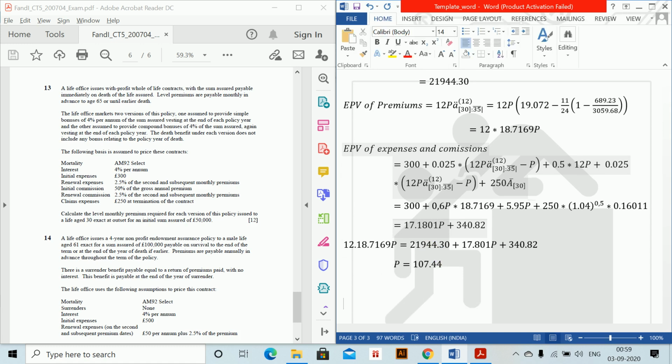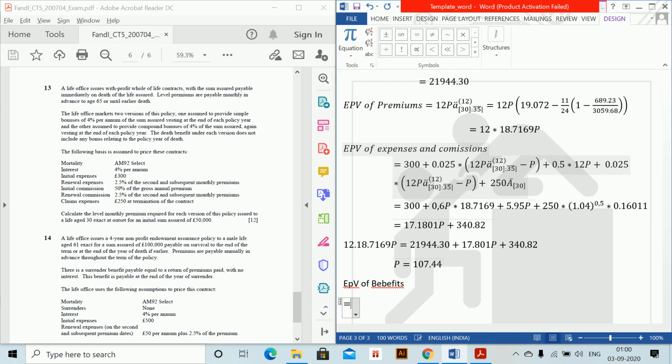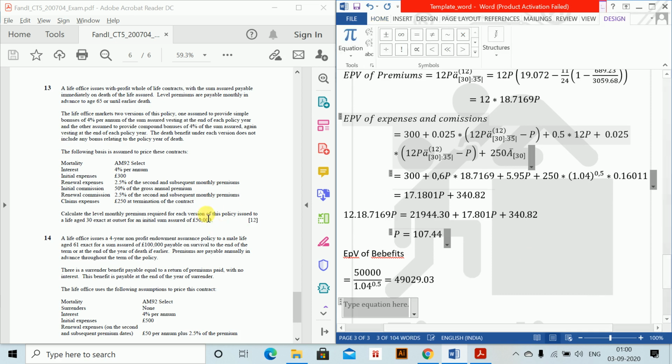And premiums for compound policy, they have said also to calculate the monthly premiums of this insured for an individual sum assured, and if we had to calculate for a compound one also, if it's not said in this question, but if it would be said, then how it will be, EPV of benefits will become 50,000 divided by 1.04 to the power 0.5, which is equals to 49029.03, and equating this in this equation 12.